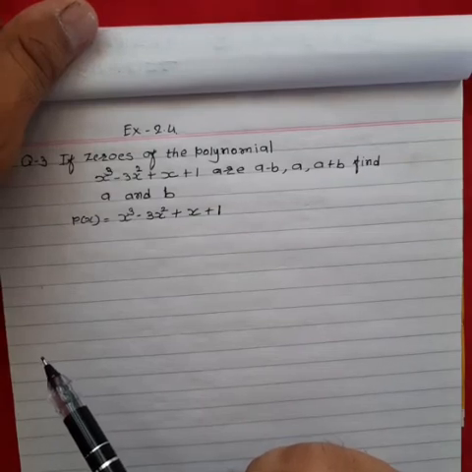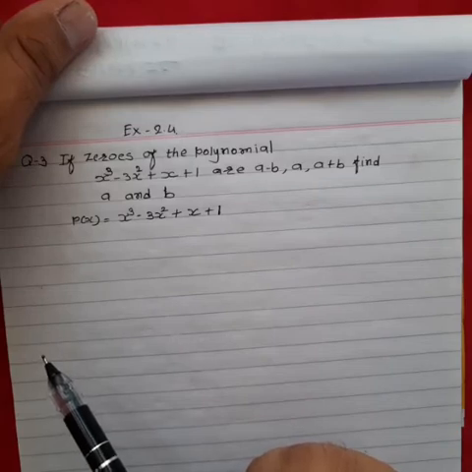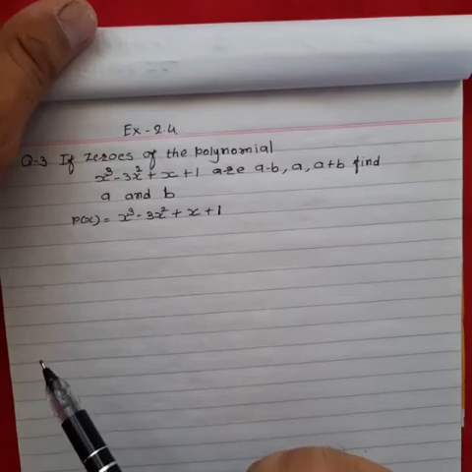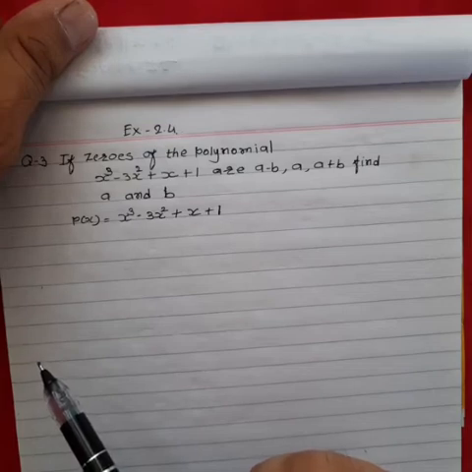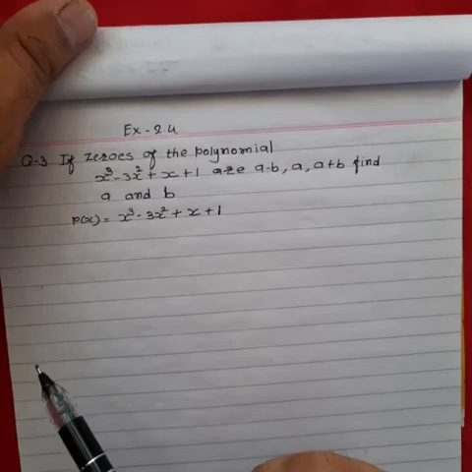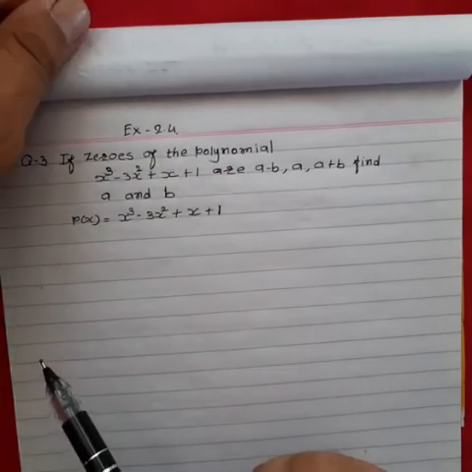Now here one confusion arises in your mind. If we write the general form of the cubic polynomial, that is also written as small ax cube plus small bx square plus small cx plus small d. And here the zeros are given in small a, small b only.